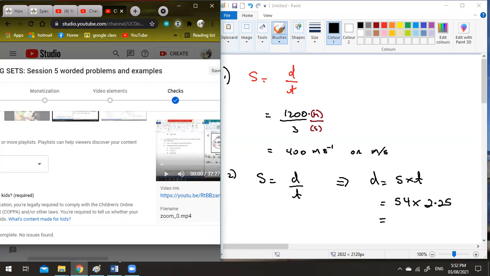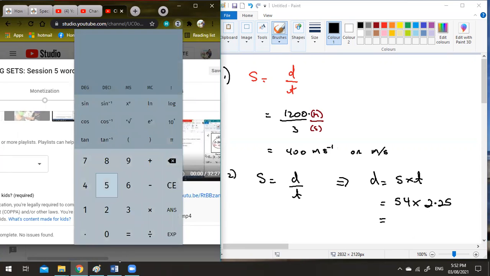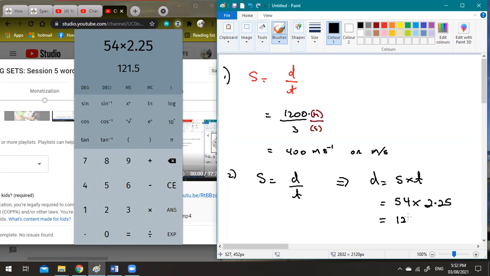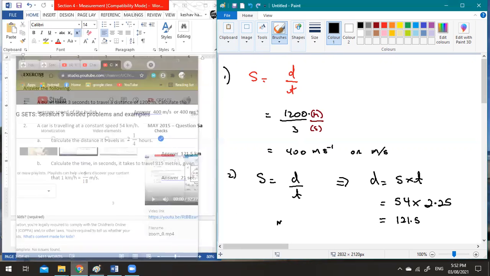Let me pull up the calculator here. 54 multiplied by 2.25 equals 121.5. Now this is the distance, right? Let's pull up the question.